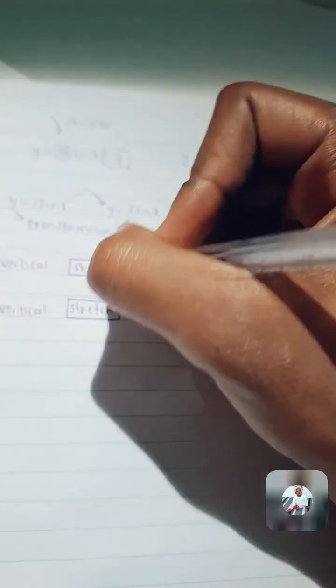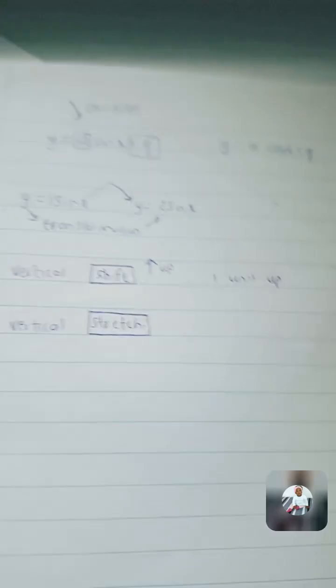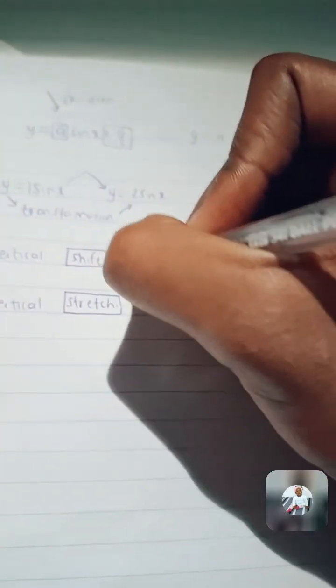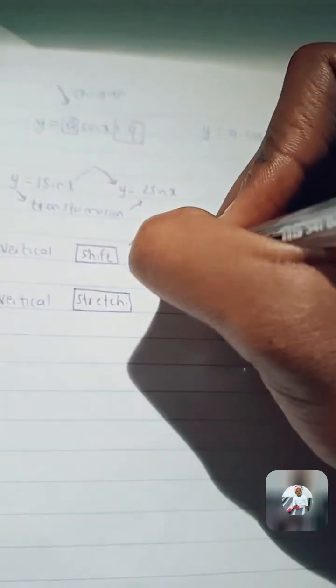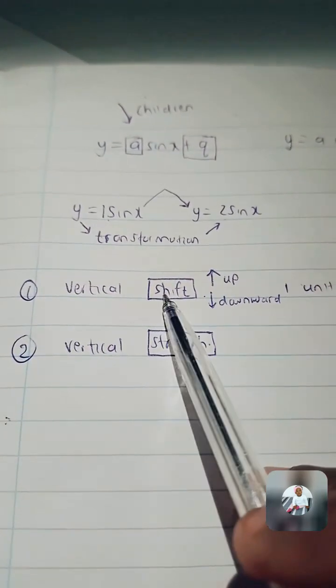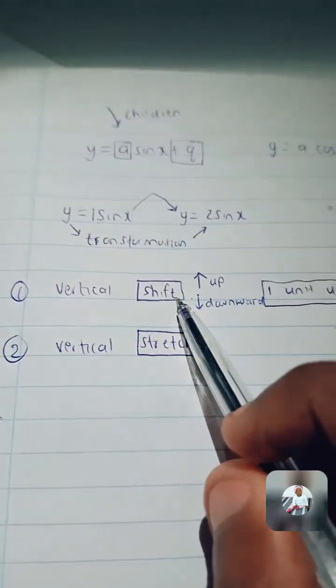We can either shift in an upward direction or in a downward direction. This is called vertical shift, and the parameter a vertical shift is associated with is the parameter q.